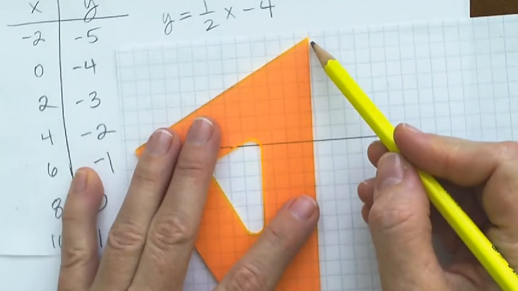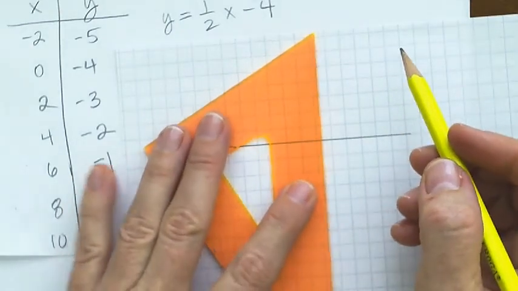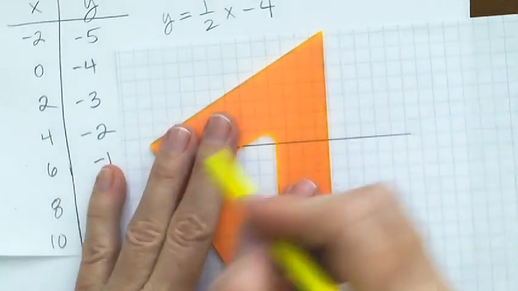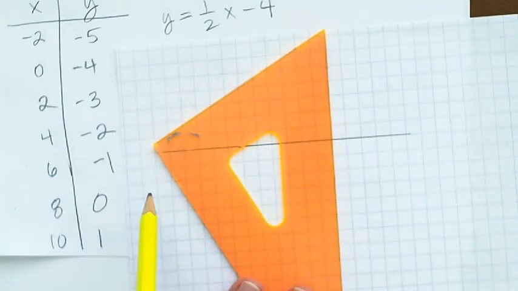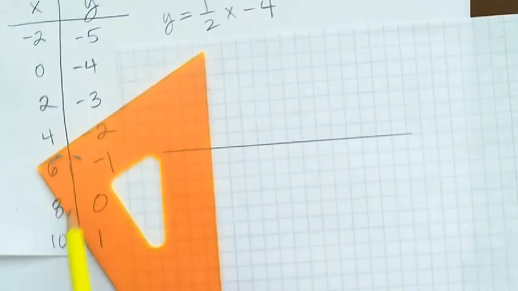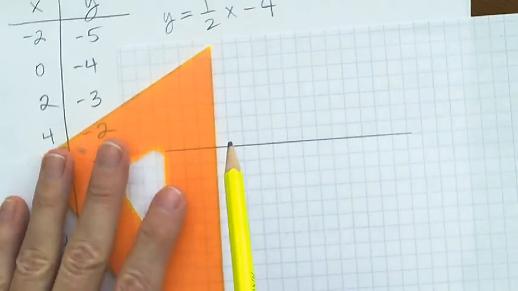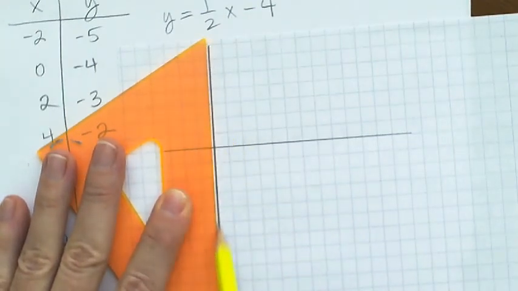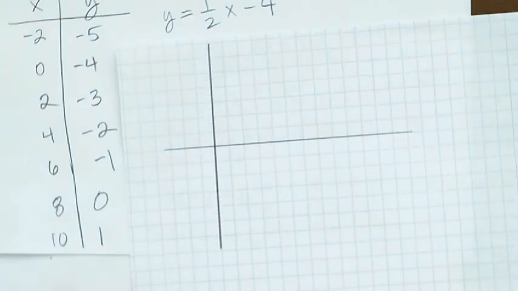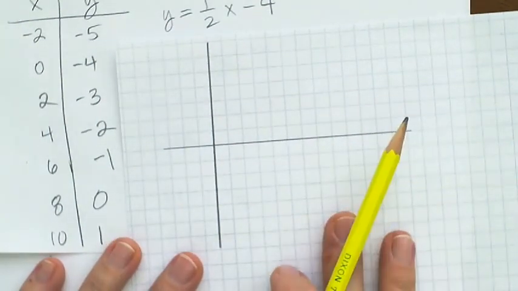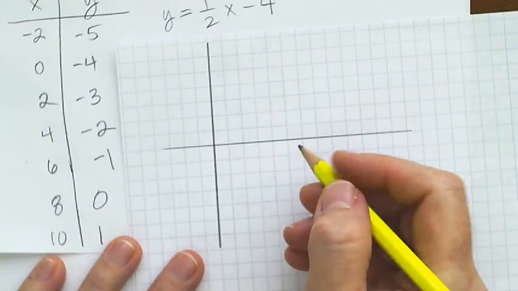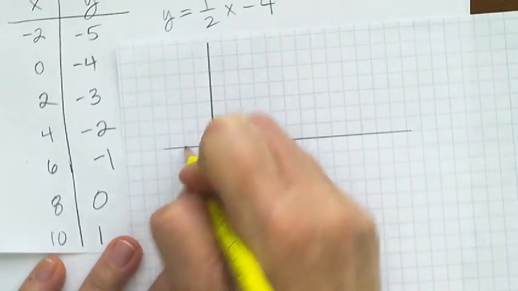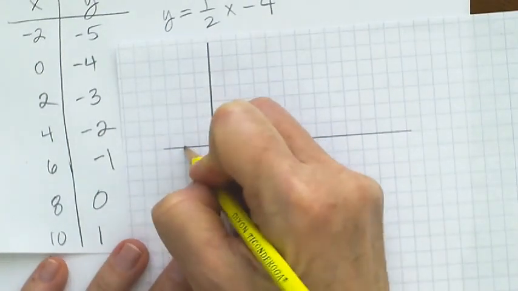And then I'm going to put the y-axis kind of to the left, because I want to give myself some space to reach +10. There's a lot of thought into figuring out where to place your graph on a piece of graph paper.